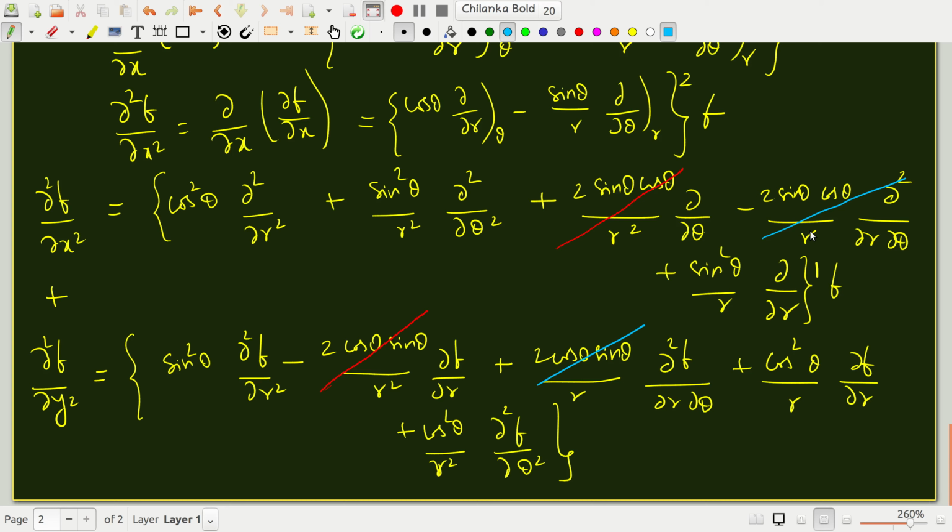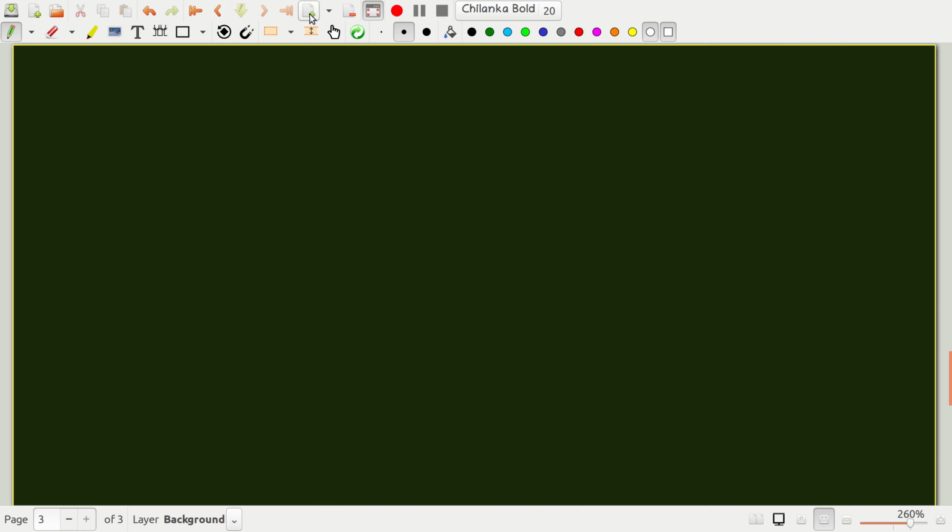Okay, so one thing you can figure out is, you consider the coefficient of partial squared f by partial theta squared. You will find that you have sin squared theta by r squared, cos squared theta by r squared. This sin squared theta adds with this cos squared theta to give you 1. So finally, when you simplify, you will get a relatively simple expression.